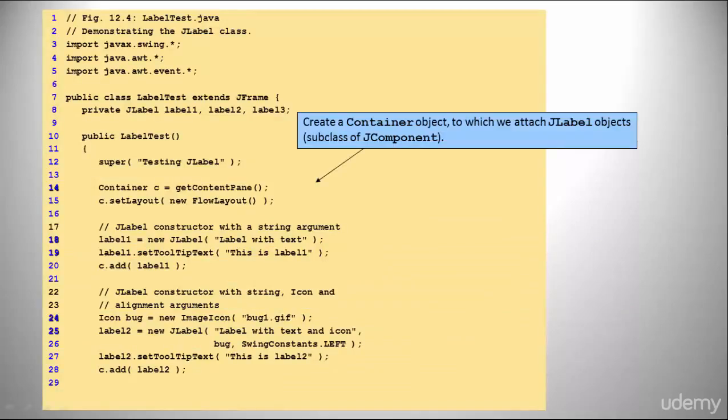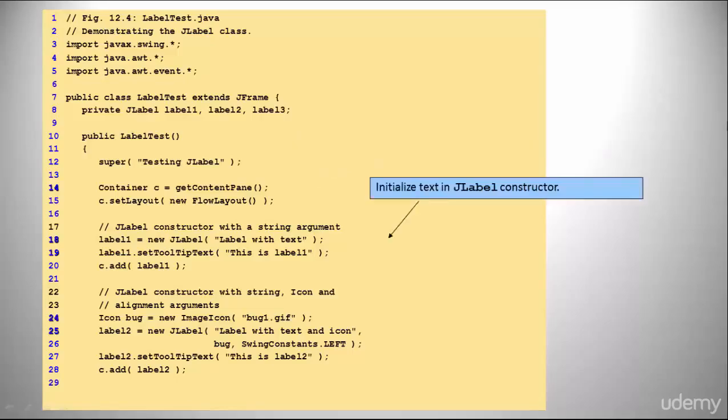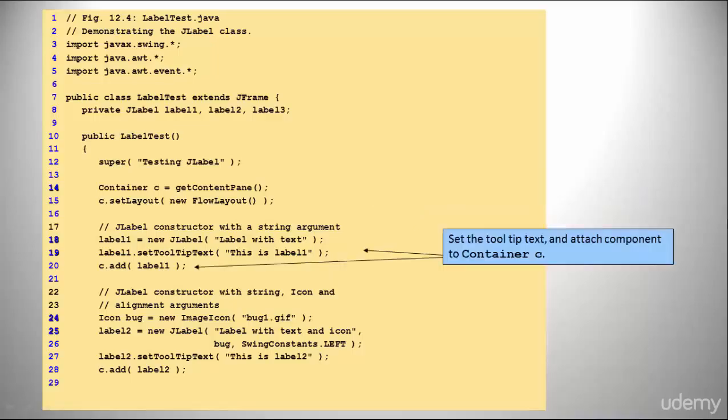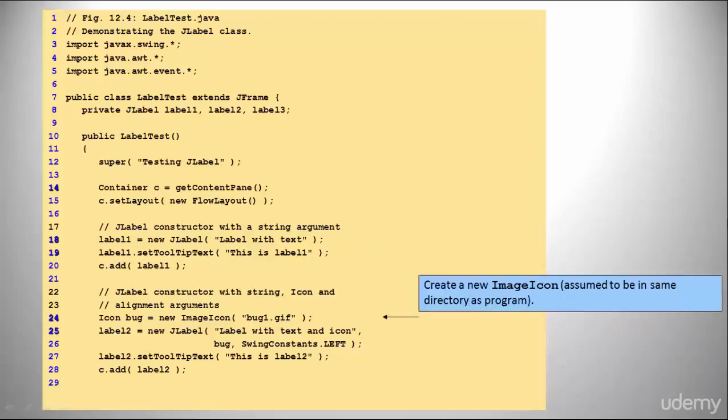In this piece of code, we create a container object to which we attach JLabel objects, and it is a subclass of the JComponent. Here, we initialize text in the JLabel constructor, and we set the tooltip text and attach the component to container C. Here, we create a new image icon, assumed to be in the same directory as the program.